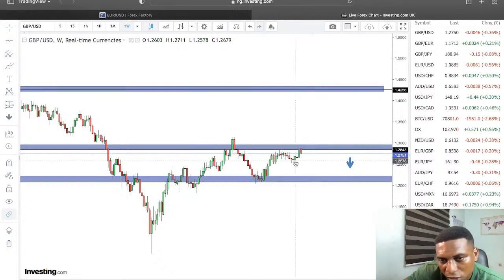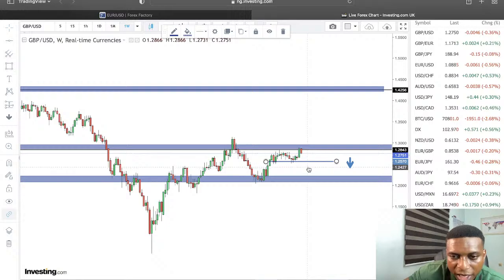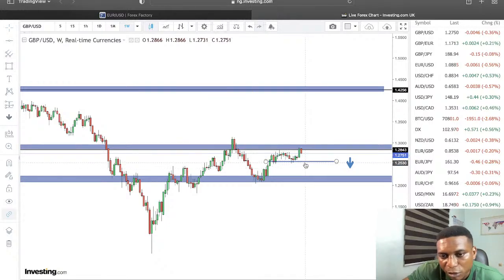Now this pushback is not quite a valid pushback, so far as none of the candles have closed far below this level. As long as none of the candles have closed far below this level, the buy momentum is still active.